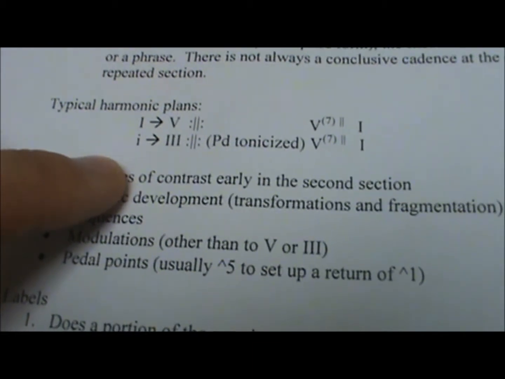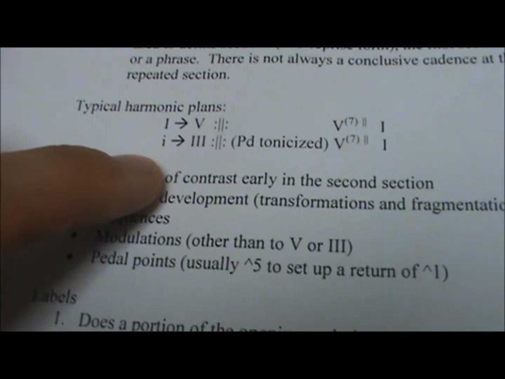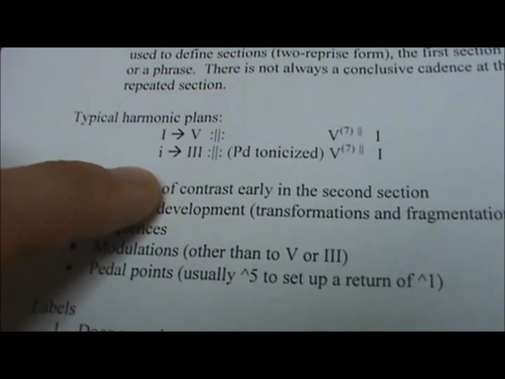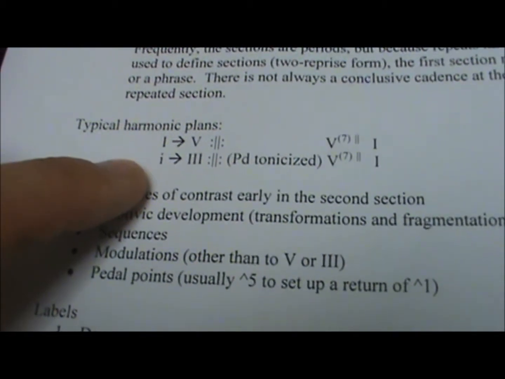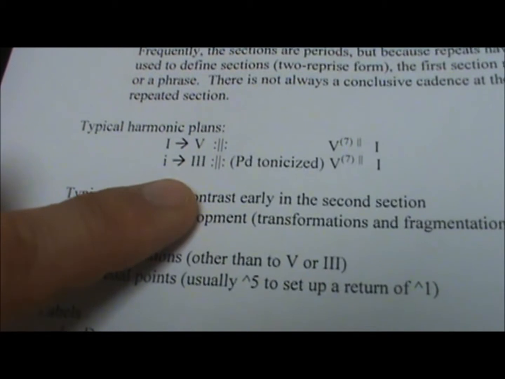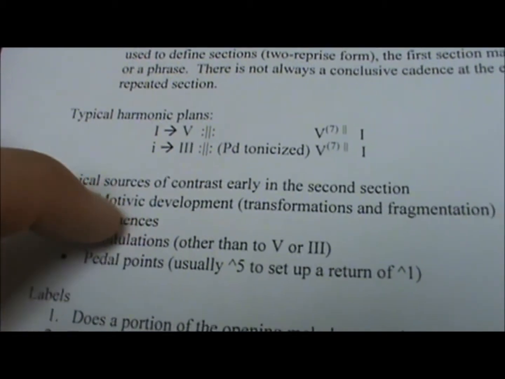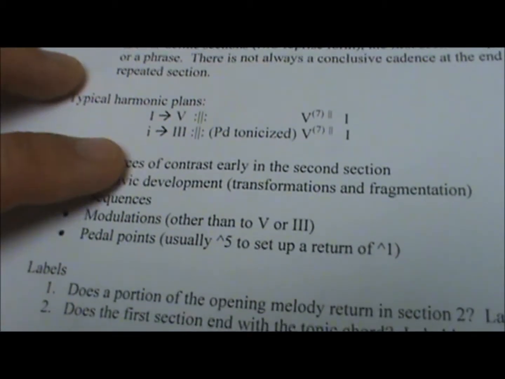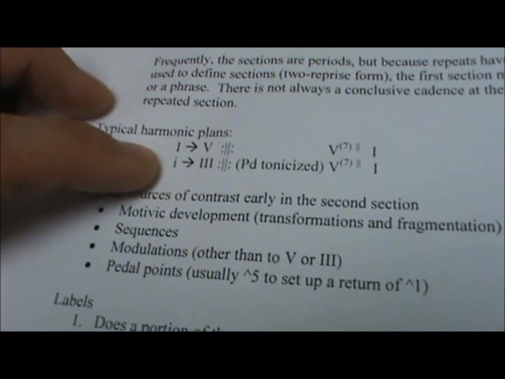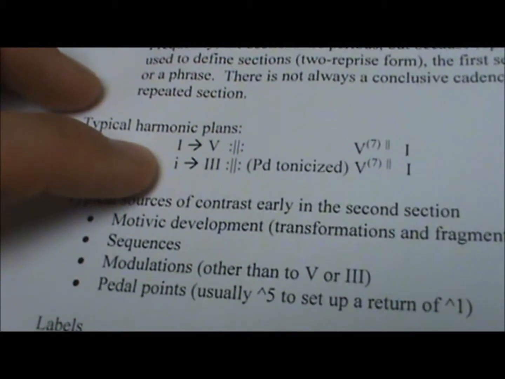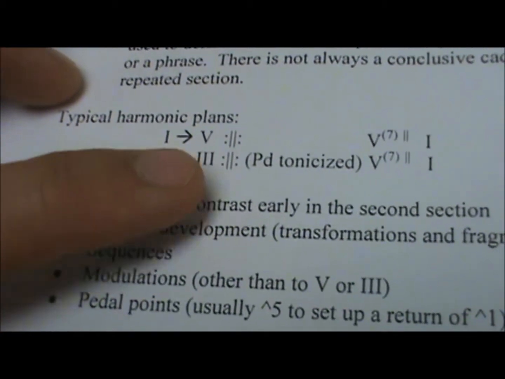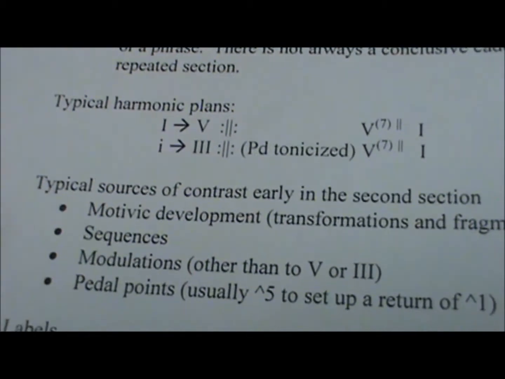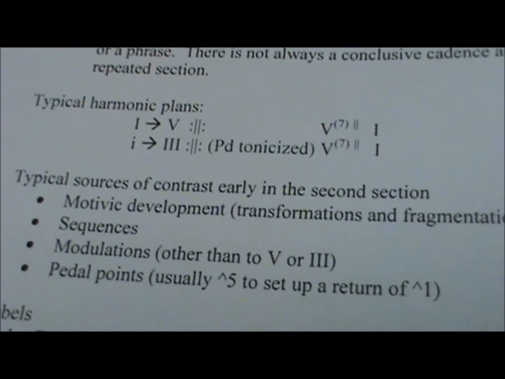But another pattern that happens quite a bit is in minor to go from 1 to 5. So C minor to G minor also happens quite a bit. So if you add that one to our list, motion to 5 in major, to 5 in minor, and to the relative major, 3 in minor, those are really common schemes.